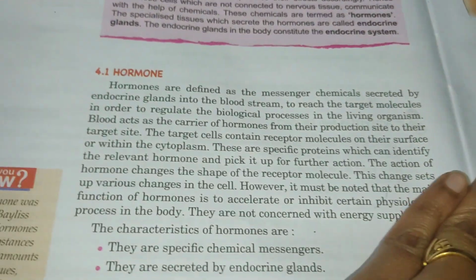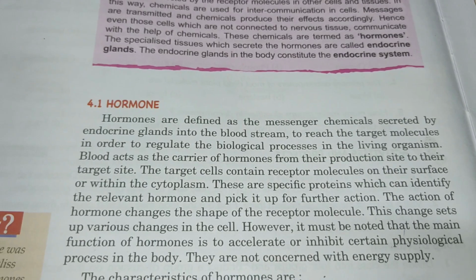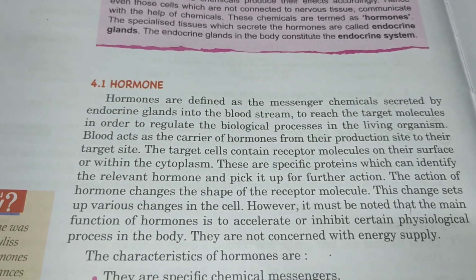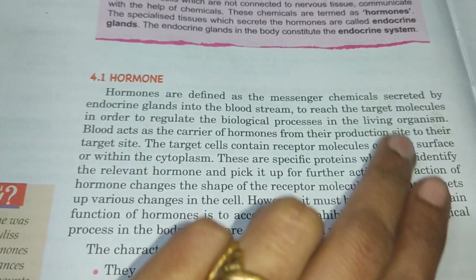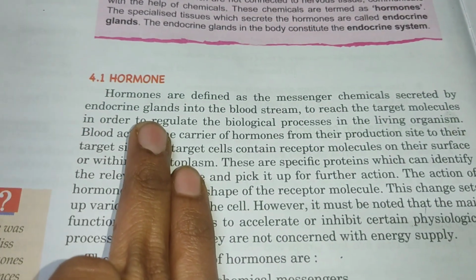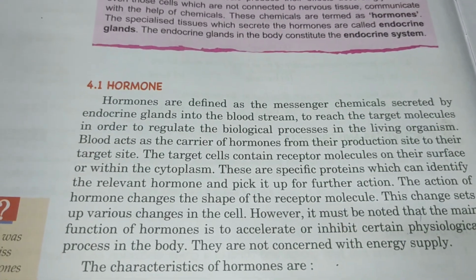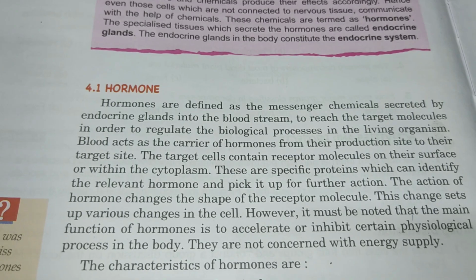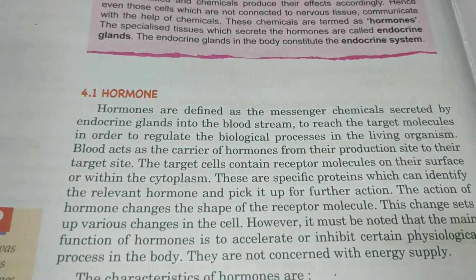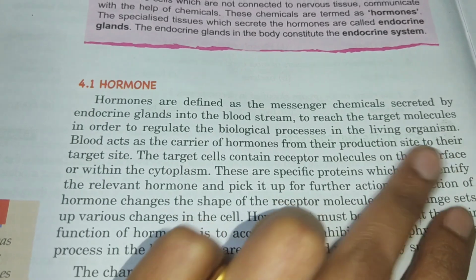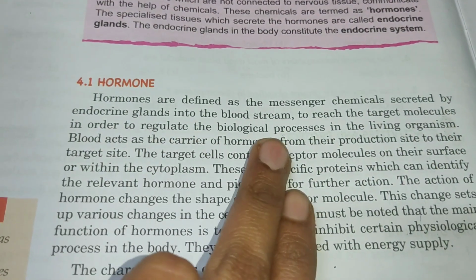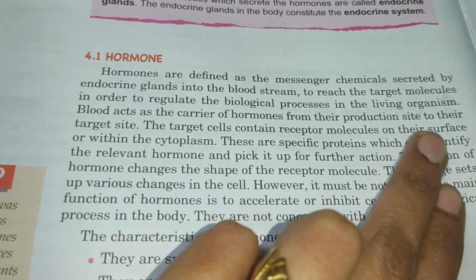First, hormones. What are hormones? Chemicals which are released. Hormones are defined as messenger chemicals secreted by endocrine glands into the bloodstream. They reach the target molecules in order to regulate biological processes in living organisms.